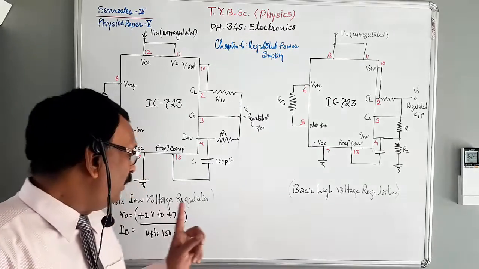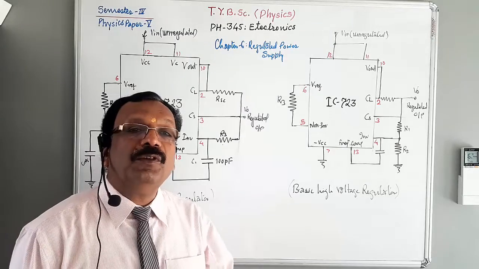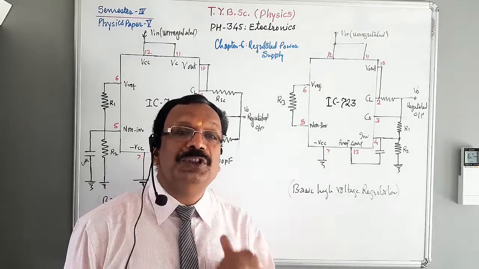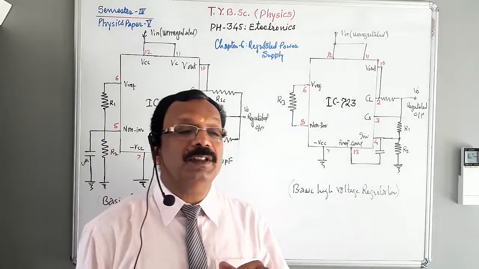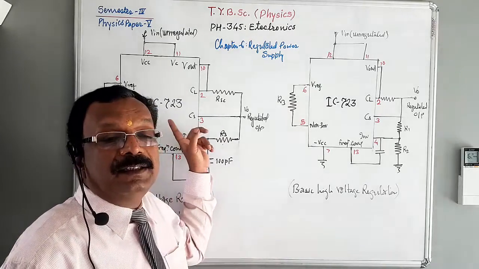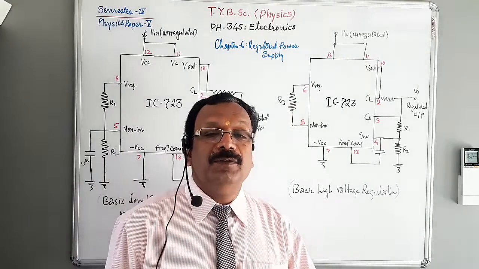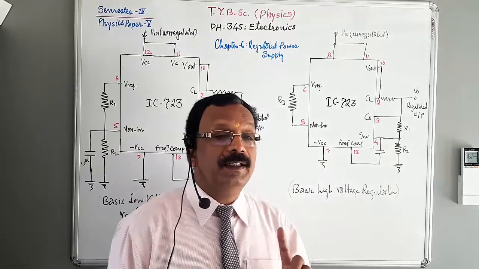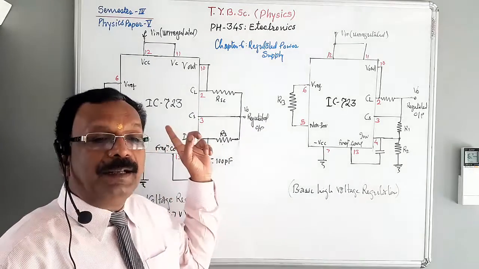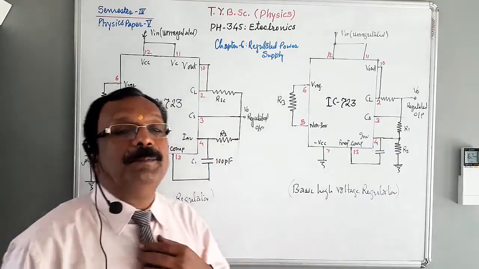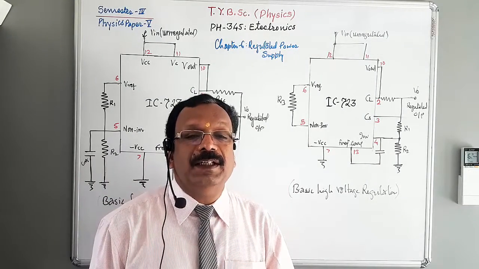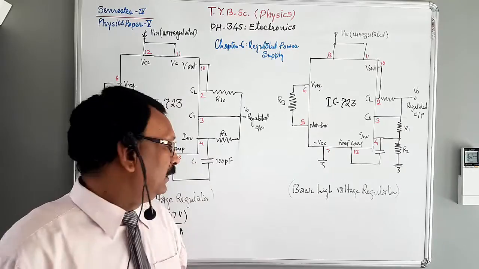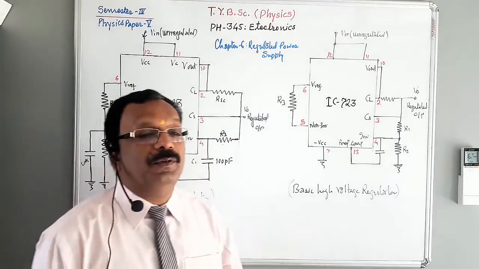The output voltage cannot be adjusted down to 0 volt, because the inbuilt differential amplifier in IC 723 will not operate below 2 volt, and hence the range is plus 2 to plus 7 volt.